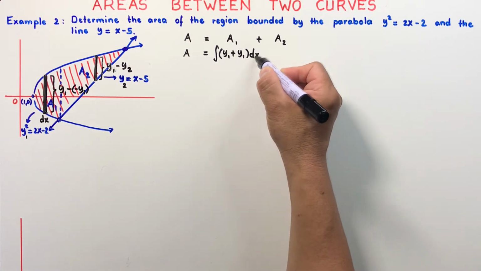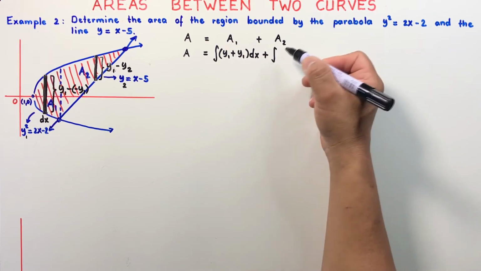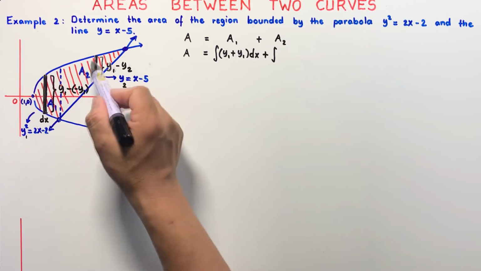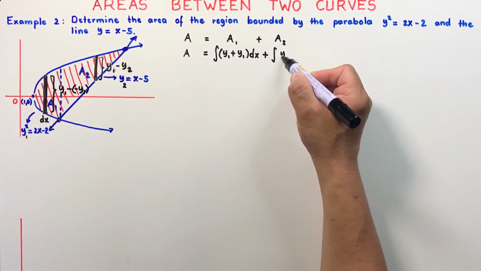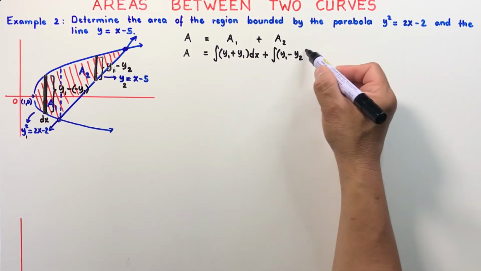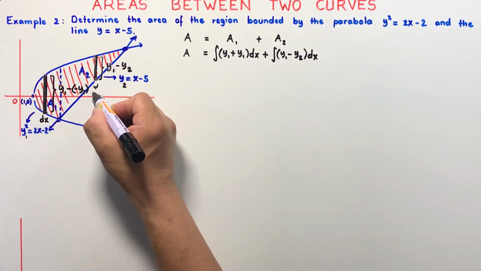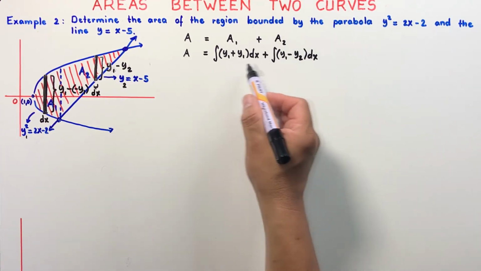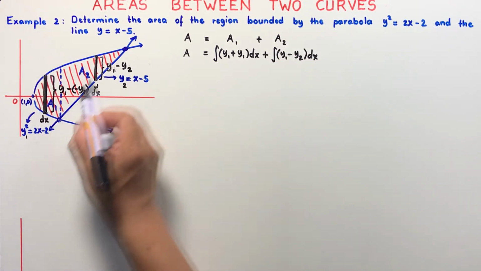So dx there, and this is added to the integral of this subregion, the integration of all the slices, and the length of the slice is y sub 1 minus y sub 2, and of course it has the same thickness of dx here. But we don't know the limits of integration yet because we don't know the points of intersection.